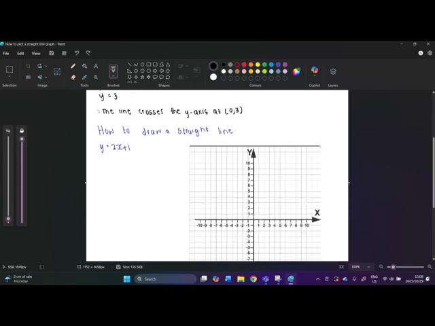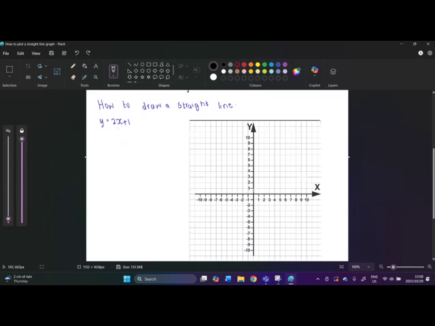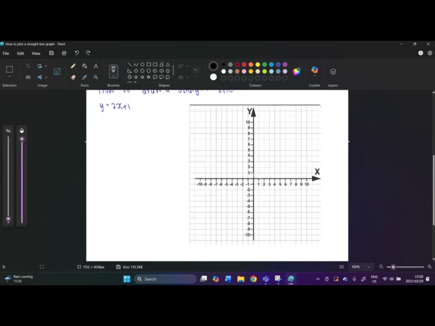So how to draw a straight line? Let's plot this graph. Firstly, you need points, right?